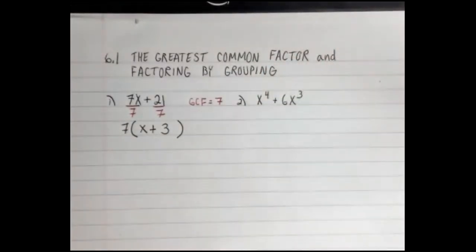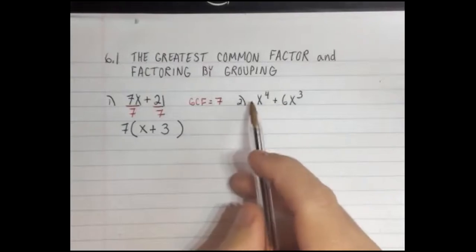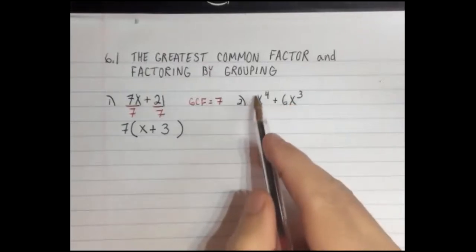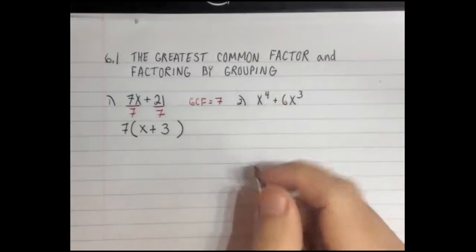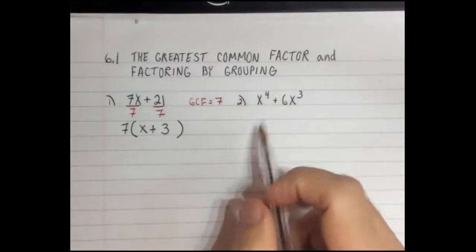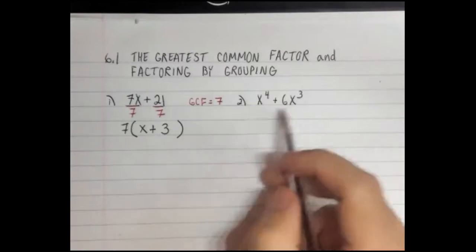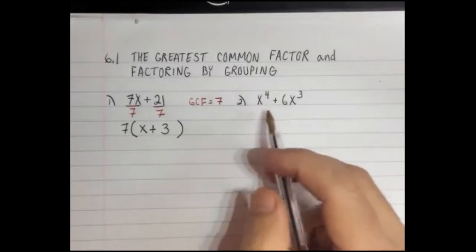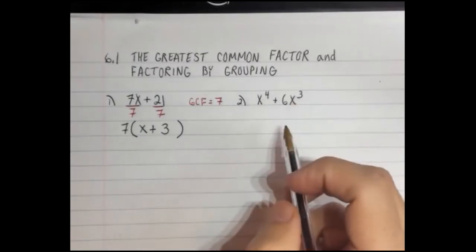All right, so we talked about how the coefficients would be something we'd have to factor, and then the variables. Well, in this case, this coefficient is 1. So between 1 and 6, the biggest thing you can factor out is 1. You can't say 6 because 6 won't go into 1, but 1 will go into 6. So there's really no number that I'm pulling out of x to the 4th, 6x to the 3rd.